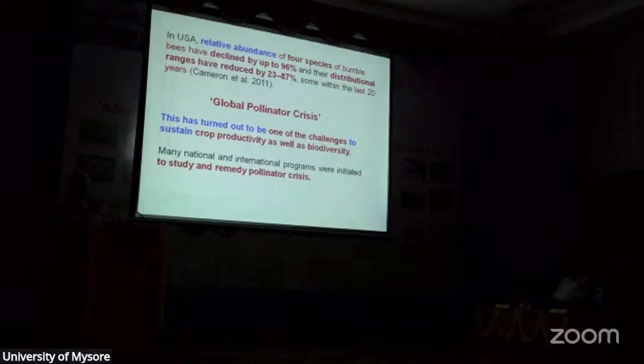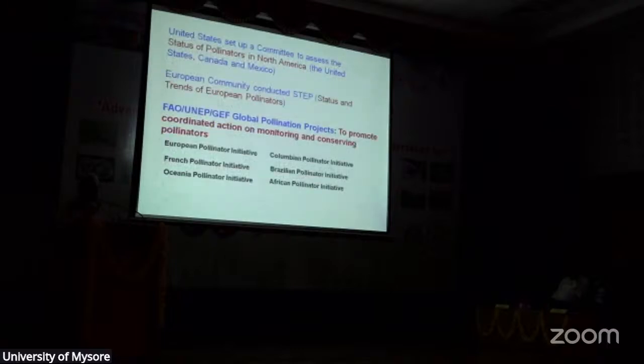Now, this global pollinator crisis has turned out to be one of the challenges to sustain crop productivity as well as biodiversity. Many national and international programs were initiated to study and remedy the pollination crisis. For example, in the United States, they set up a committee to assess the status of pollinators in North America.